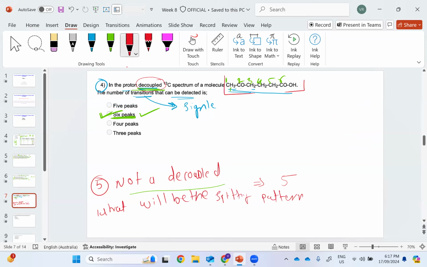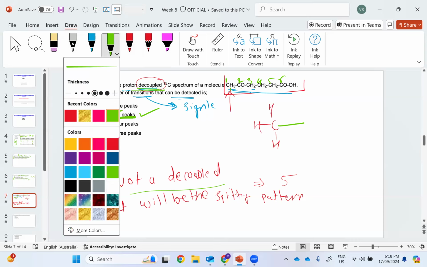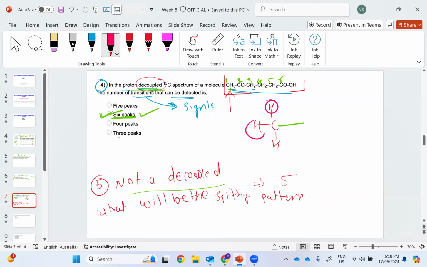So if you look at this question, there is one CH3 group there, right? This carbon has 1, 2, and 3 hydrogens attached. I will highlight in a different color. So one, two, three.